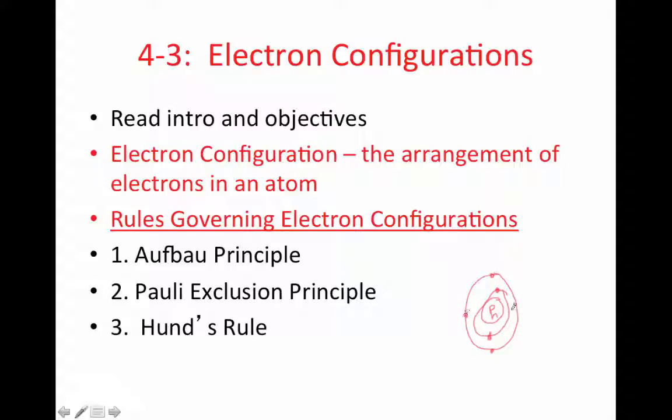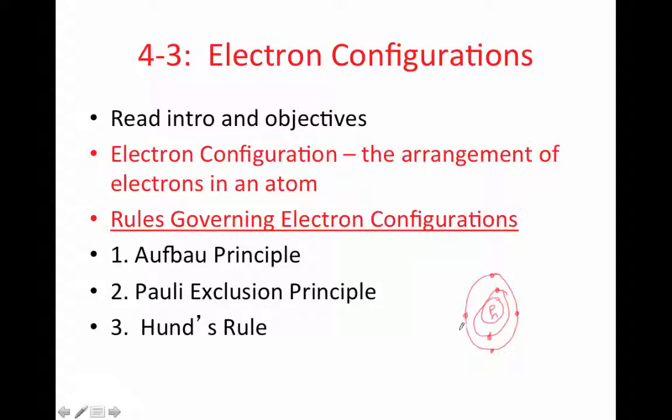And so I could say that this specific electron is in the second energy level. This specific electron is in the first energy level. So we've had a sense of something called electron configurations, which is talking about where electrons are.